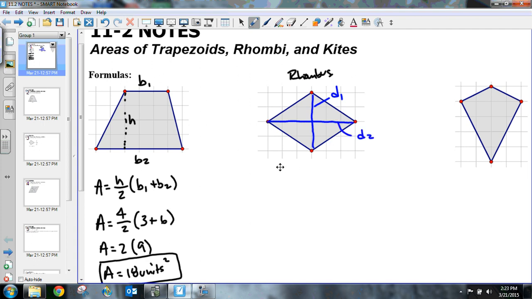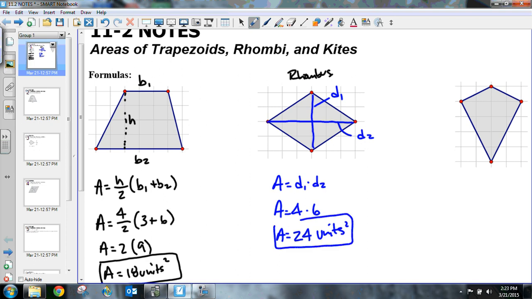Okay, and so I end up actually getting here that my area is equal to my first diagonal times my second diagonal. Okay, so my first diagonal was 4, so my area here is 4 times my horizontal diagonal, which is 6, and so I get that my area is equal to 24 units squared.